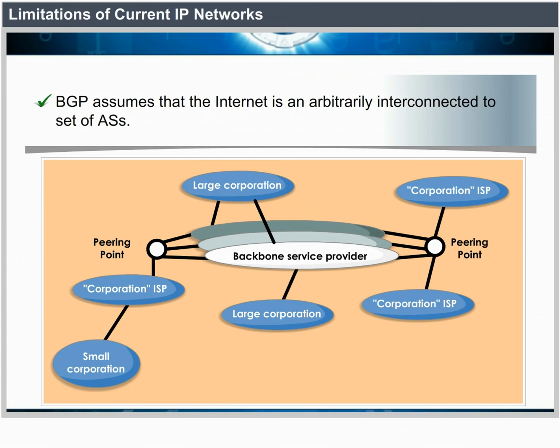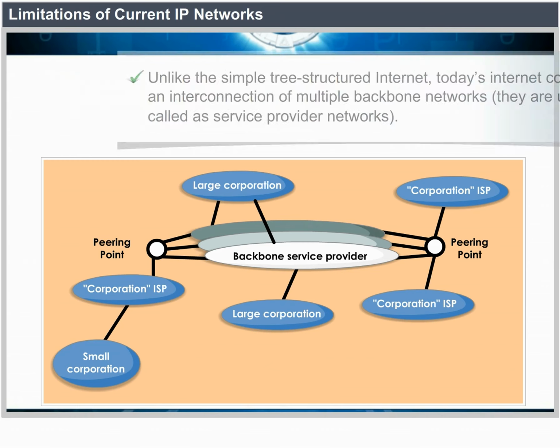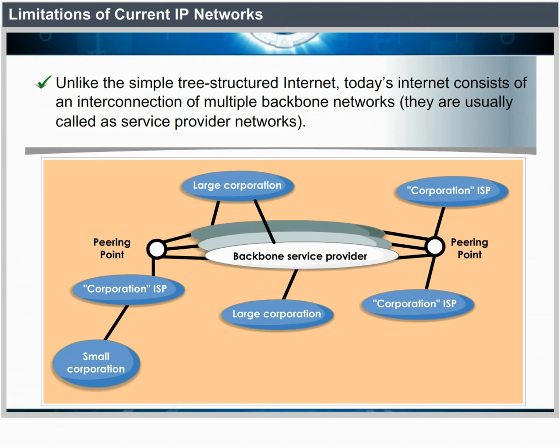This model is clearly general enough to accommodate non-tree structured internetworks, like the simplified picture of today's multi-backbone Internet. Unlike the simple tree-structured Internet, today's Internet consists of an interconnection of multiple backbone networks. They are usually called service provider networks.